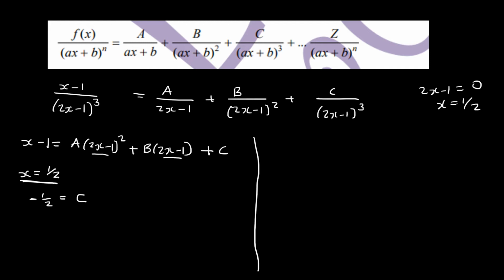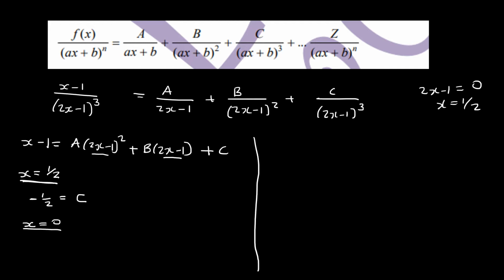So now we need a and b. How do we get them? There's no other term we can make 0, so we have exhausted all our options for making a term 0. Now we can just substitute any values we want. But always try to work with easy numbers, and always think of 0, because 0 makes everything easy. So you should always think of small numbers: 0, plus 1 or negative 1, plus 2 or negative 2.